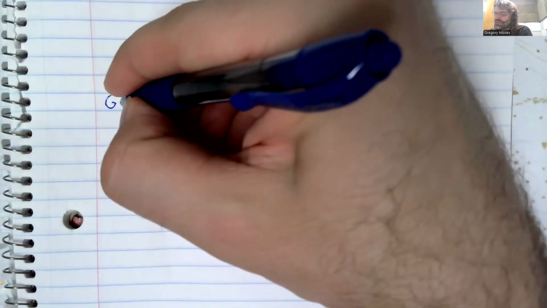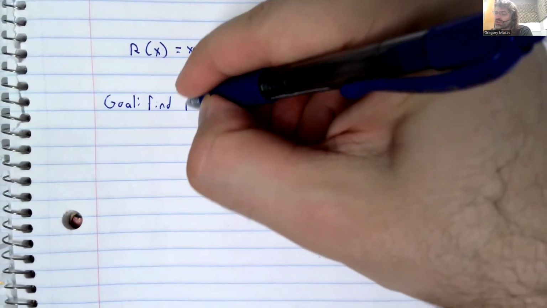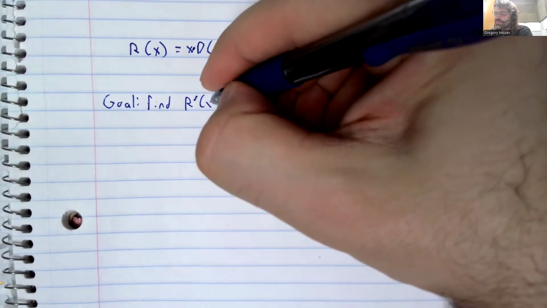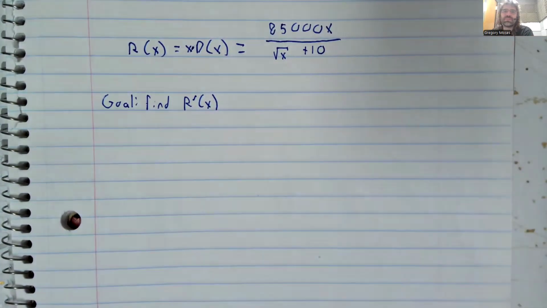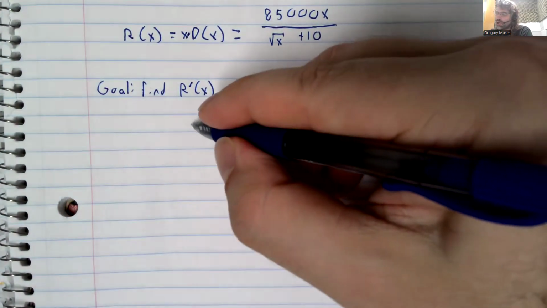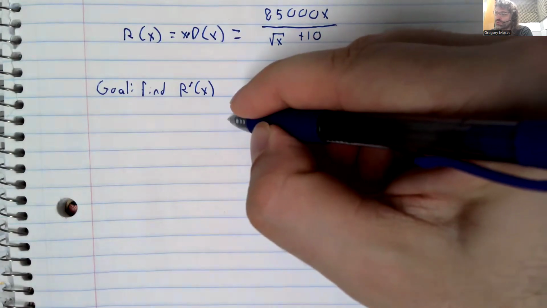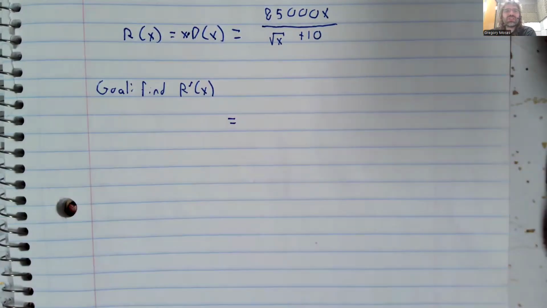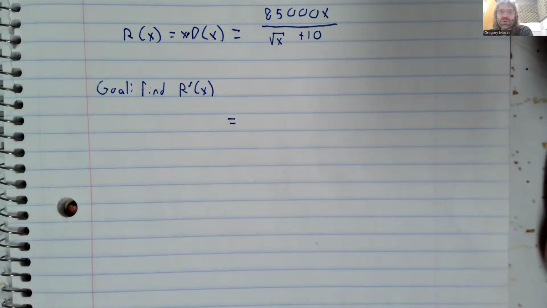And let's take the derivative. All right, quotient rule. It's unpleasant, but straightforward.